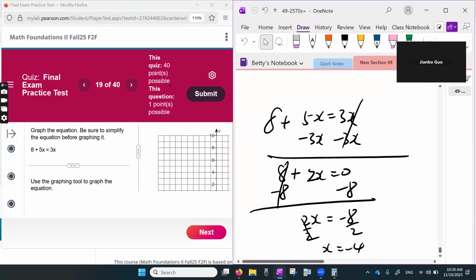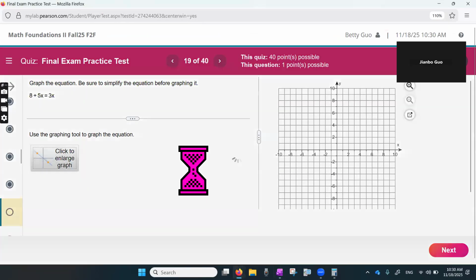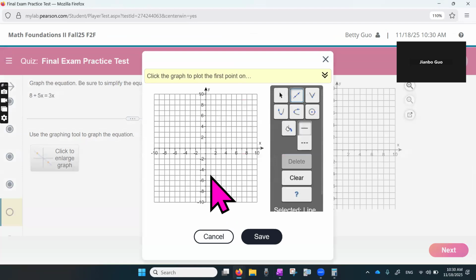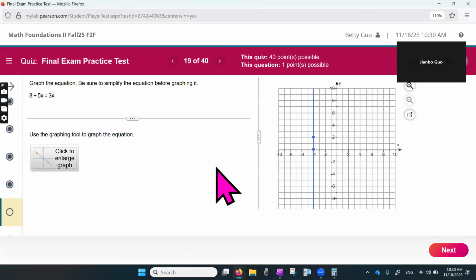Okay, so after simplify, we know the vertical straight line is x equals -4. And now we're going to draw it. X equals -4. This one belongs to that, right? So this is origin to the left, 1, 2, 3, 4, and draw a vertical line, just like that.